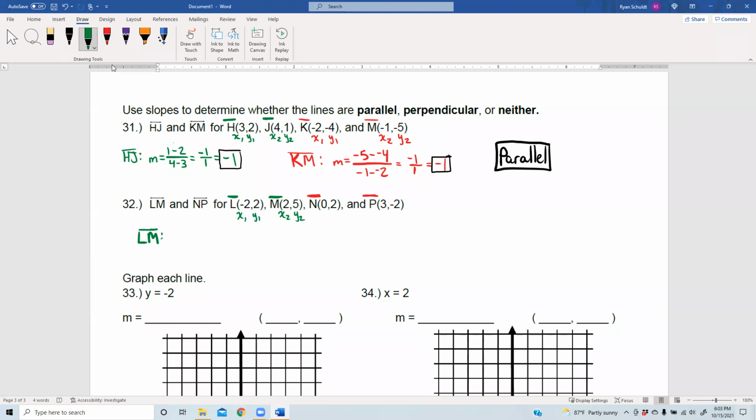That's going to be 5 minus 2 over 2 minus negative 2, which gives you 3 over 4. Okay, there's that slope. Now let's do NP.